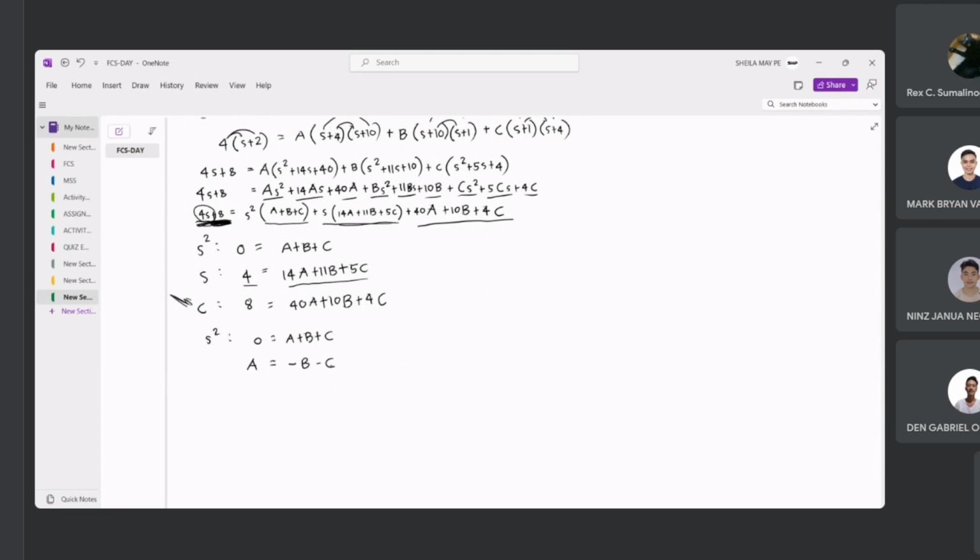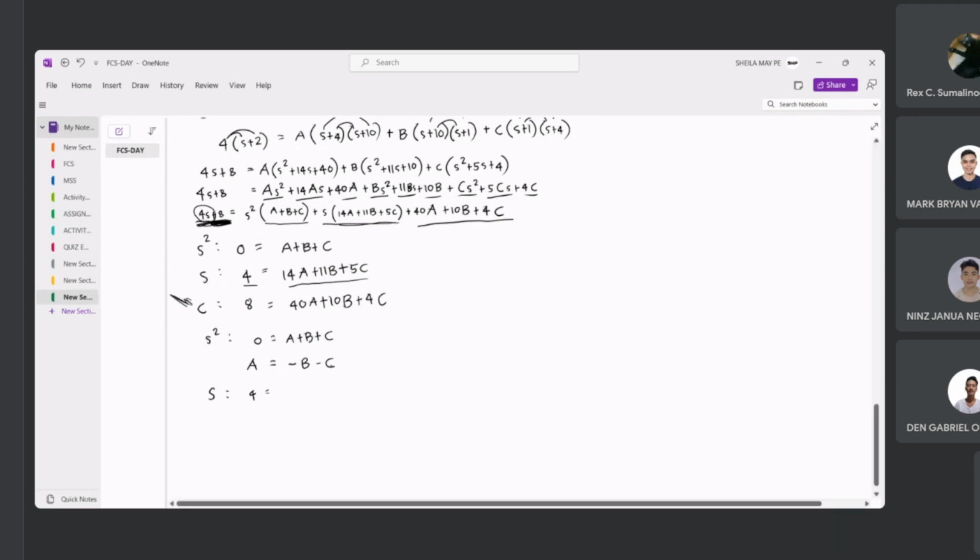I want to manipulate s next, because the numbers are smaller. So for s, since you already manipulated s squared to find A, for s I want to find B. Okay? Since B is what you're looking for, you can also use C, class. You can manipulate that.